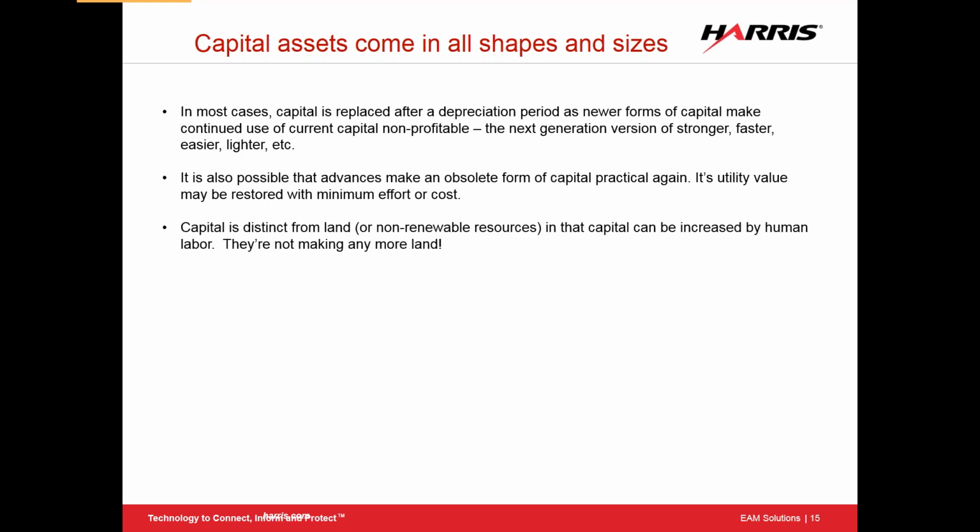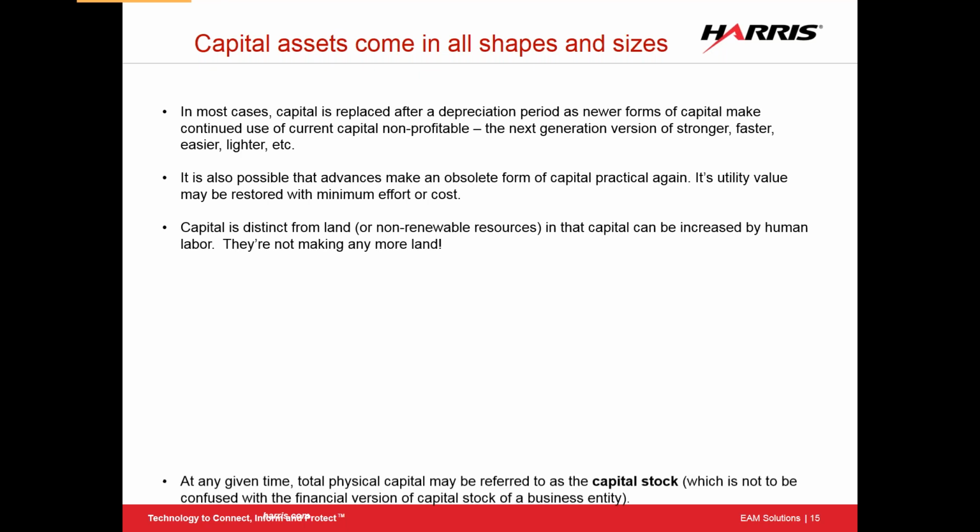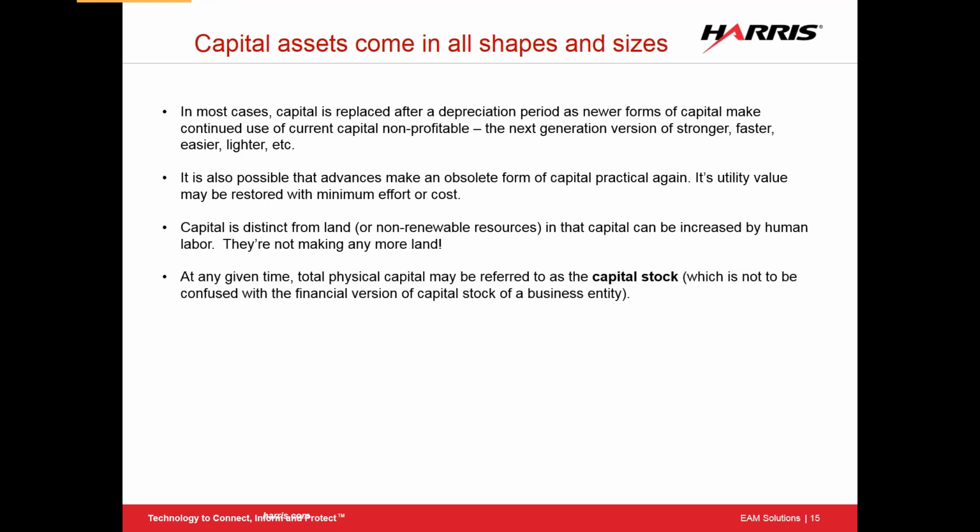And the other thing here is that capital is distinct from land or non-renewable resources. They're not making any more land, except for a few exceptions. We see where dredging, there are some nations that are building islands. They're putting airports on islands, so they're actually making more land, or drying it out, actually.